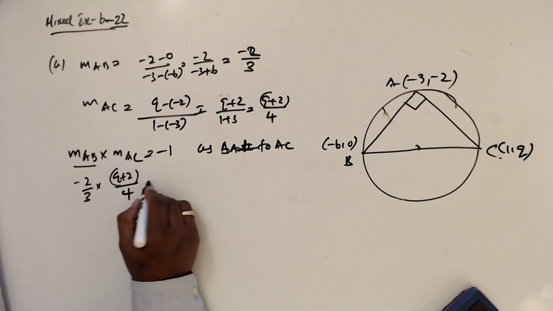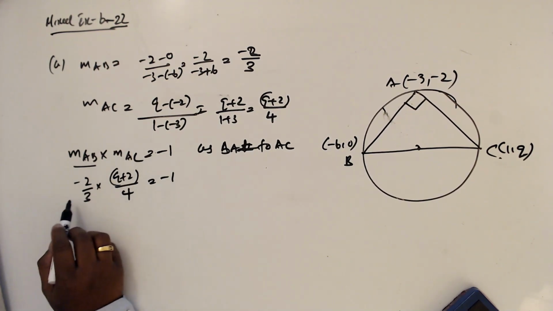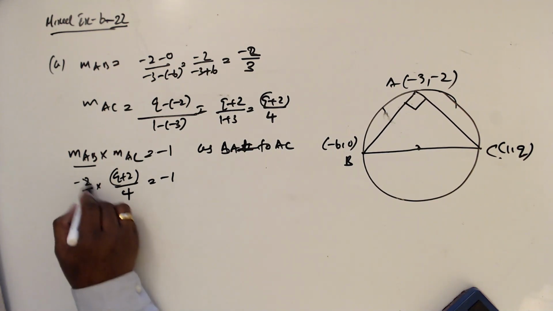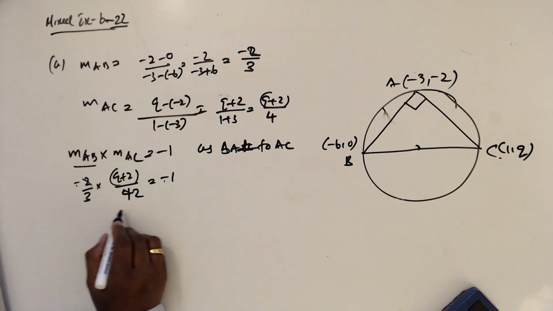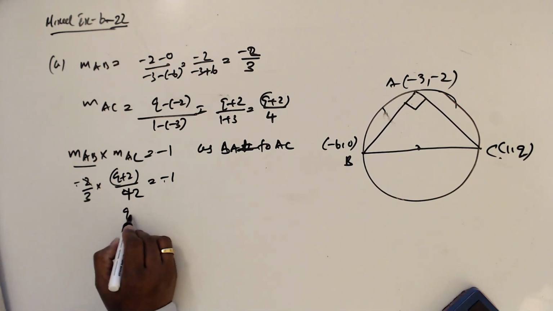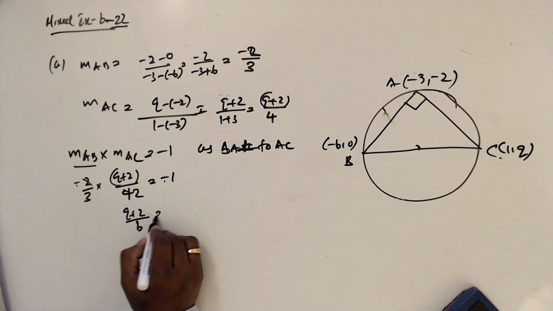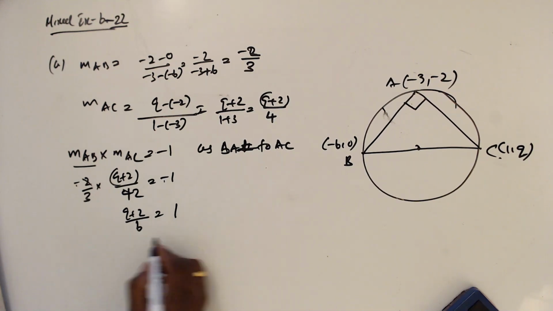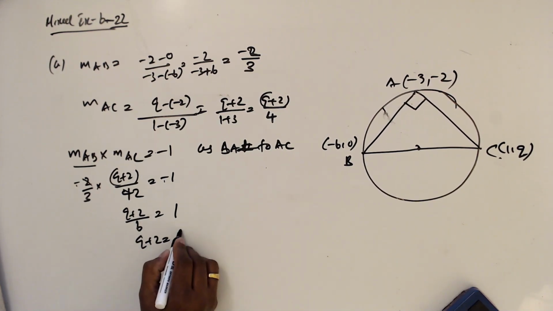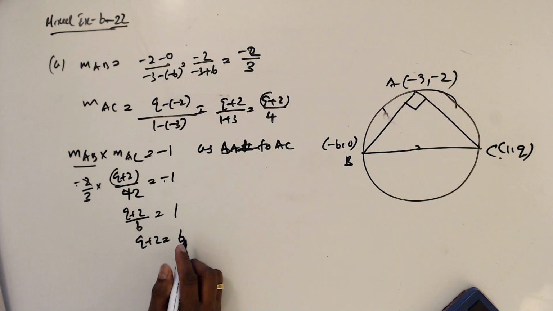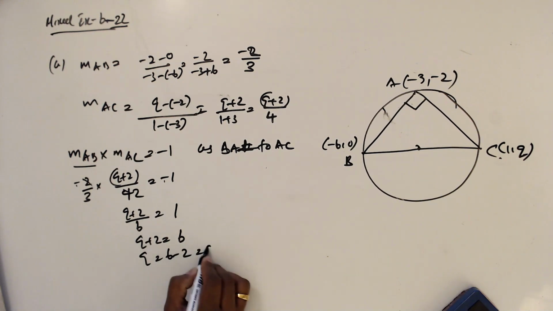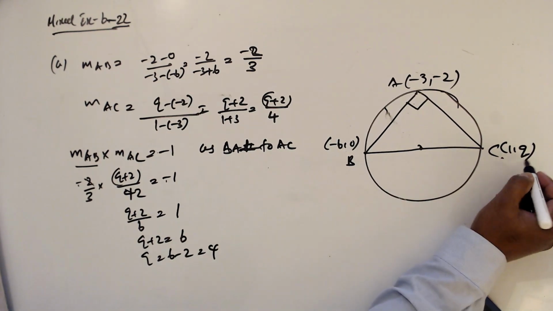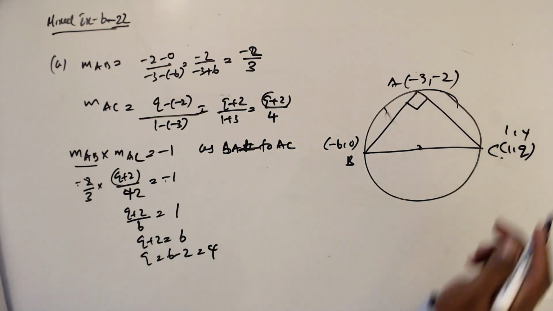So from this equal to minus 1, the 2 and the minus cancel out. So this is q plus 2 over 6 equals 1. So q plus 2 equals 6, cross multiplying. So q equals 6 minus 2, which is 4. Now you can find 1 and 4.